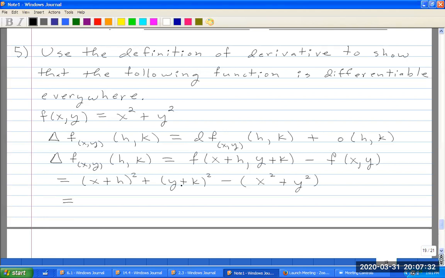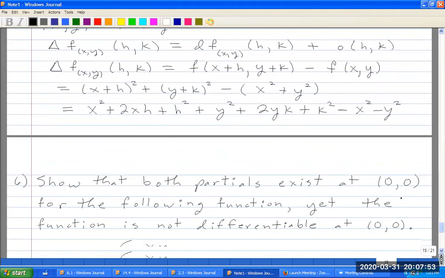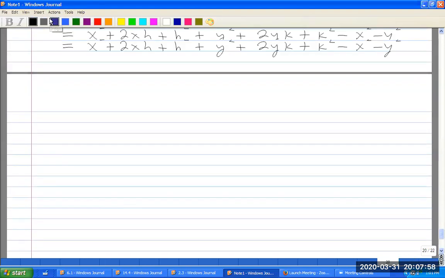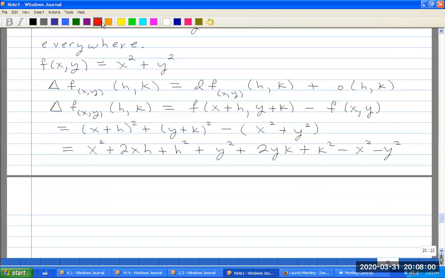So let's multiply this out. So we get x squared plus 2xh plus h squared plus y squared plus 2yk plus k squared minus x squared minus y squared. So some things are going to cancel. The x squares and the y squares cancel.